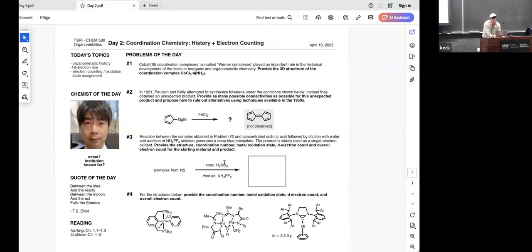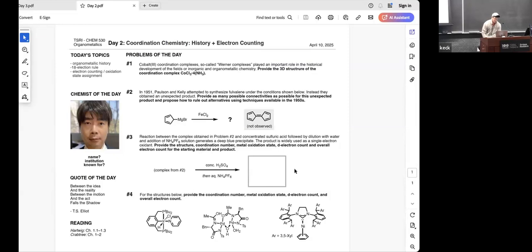And what we're looking for is the structure of the product, but then also the full electron counting, meaning coordination number, metal oxidation state, d-electron count, overall electron count for ferrocene, the starting material, and the product, whatever you come up with here. And then problem of the day number 4 should be pretty straightforward.